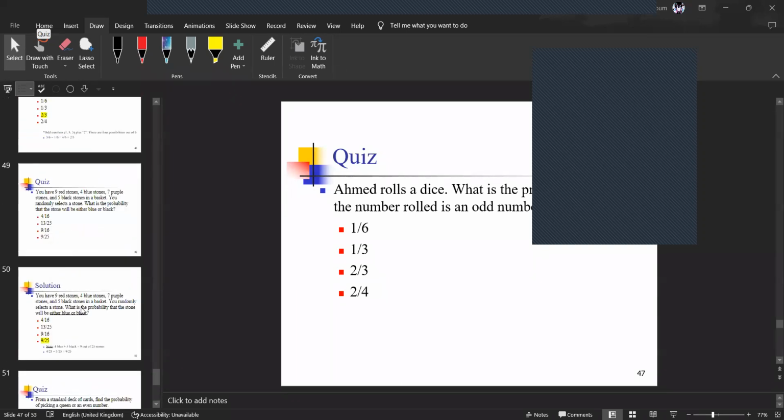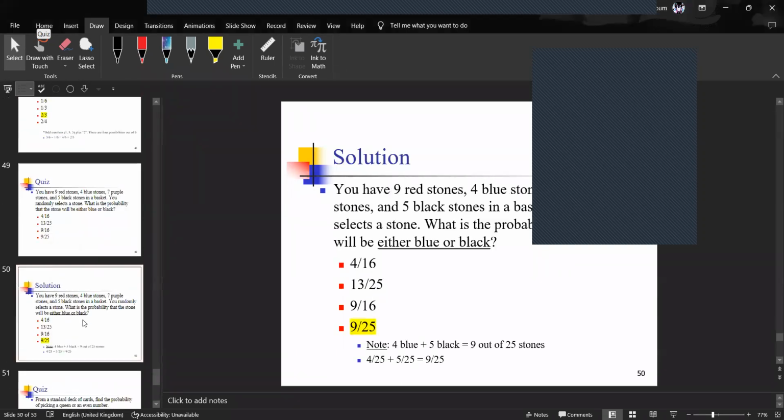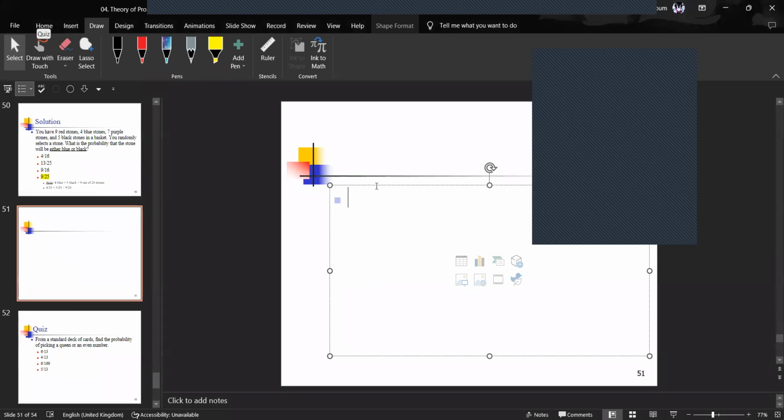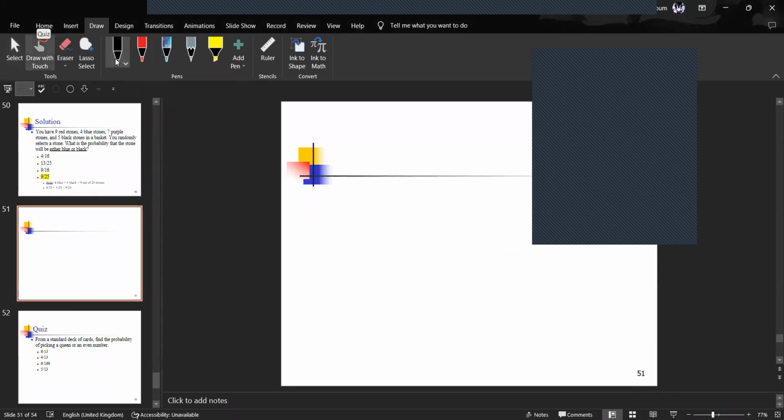All right, so I'm just going to open a new slide. Go to the annoying text boxes. All right, so we have 3 coin tosses, 3 coins, and we want 2 heads.